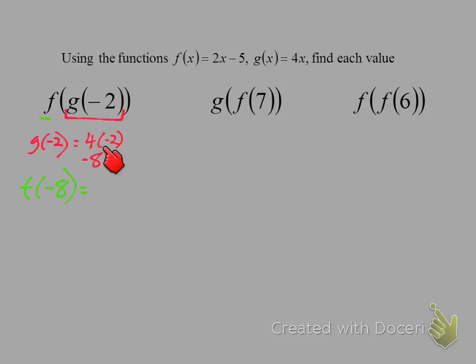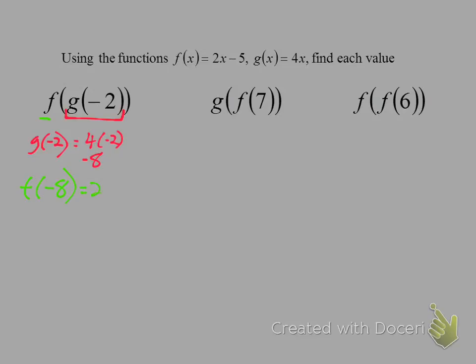So technically speaking, negative 2 is in the domain of G. Negative 8 is in the range of G and the domain of F. Now we're going to take negative 8 that's in the domain of F, that we're plugging in, remember x's, and we're going to get a y out of it, a range out of F. There's an overlap, basically. That middle number is your overlap. It's your connection between the two functions. If that doesn't make sense to you, that's okay, because it's pretty easy otherwise.